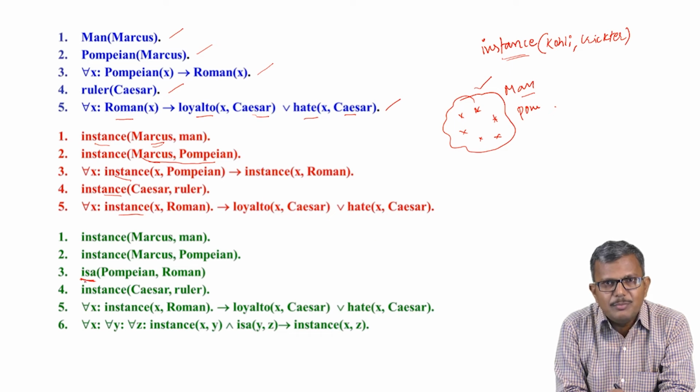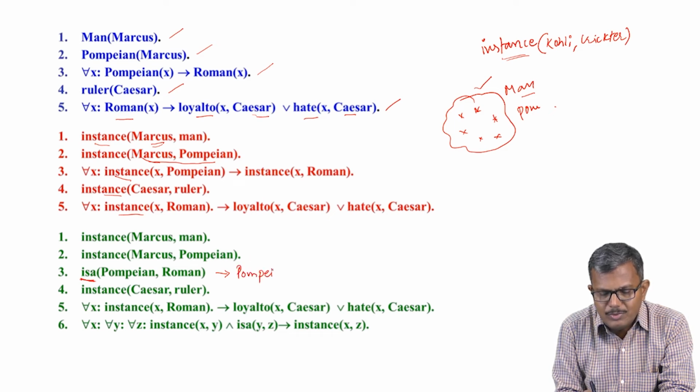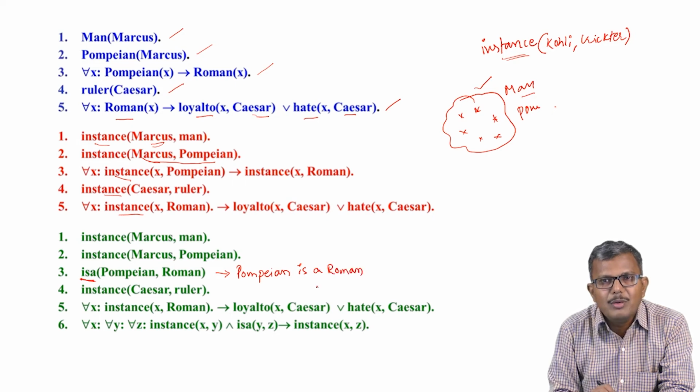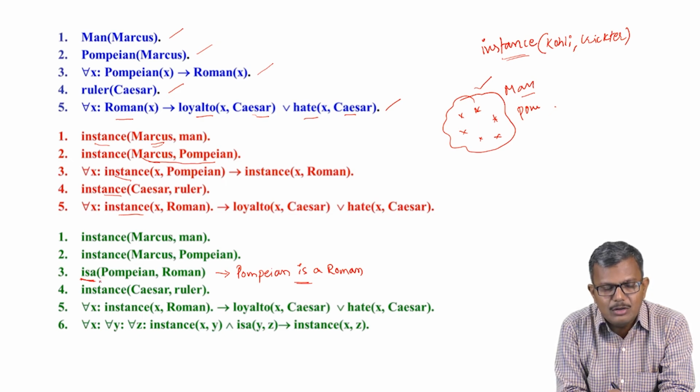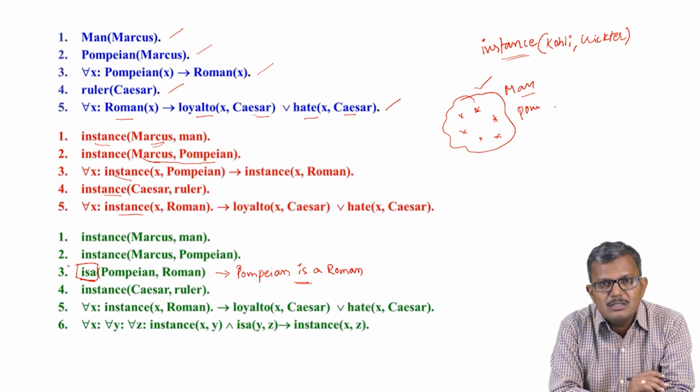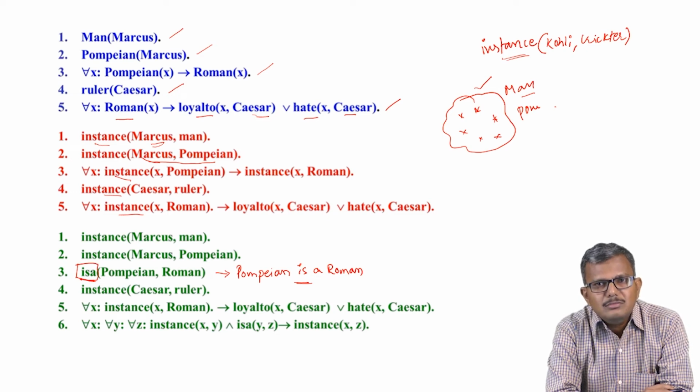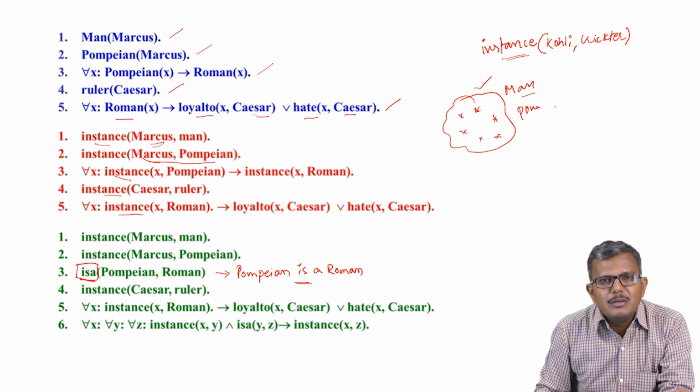Similarly, if I represent is a here, it means that Pompeian is a Roman. This English representation I am trying to convert into predicate logic with the attribute called is a. This is how we need to understand how to represent the predicate logic representations with the help of instance and is a attributes.